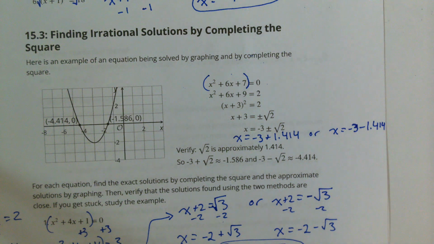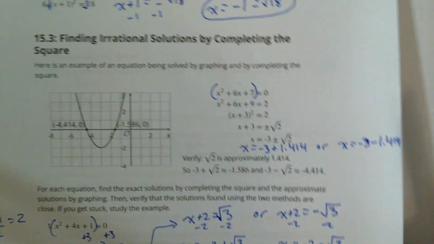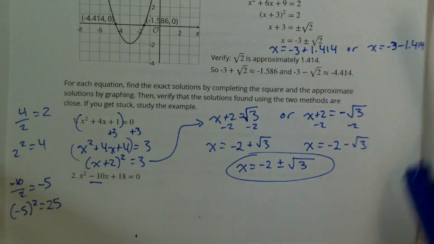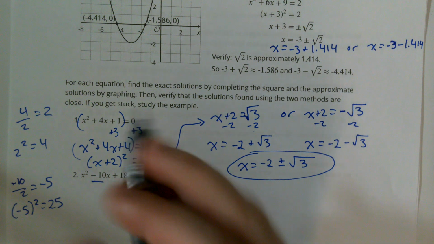All right, number 2. We want to complete the square again. Half of negative 10 is negative 5. Negative 5 squared is going to be 25. So if I want to get 25 here, I can just add 7.